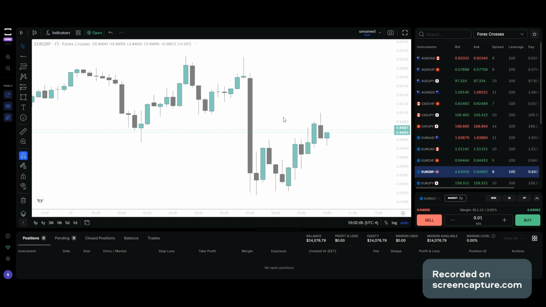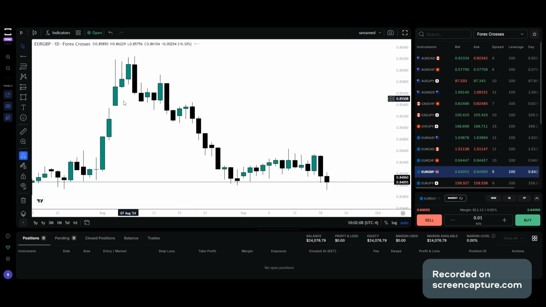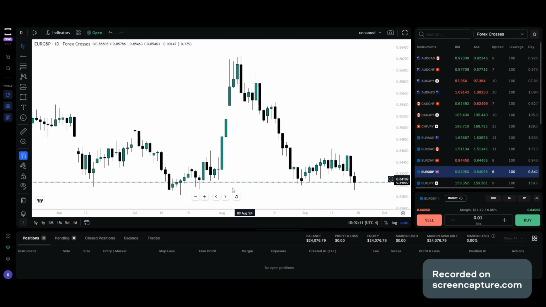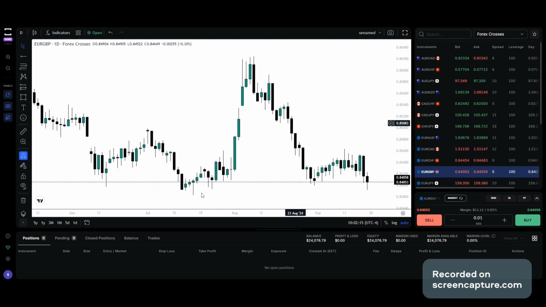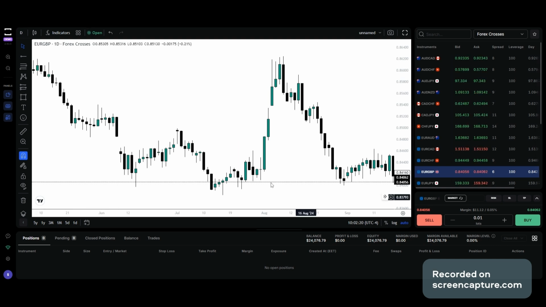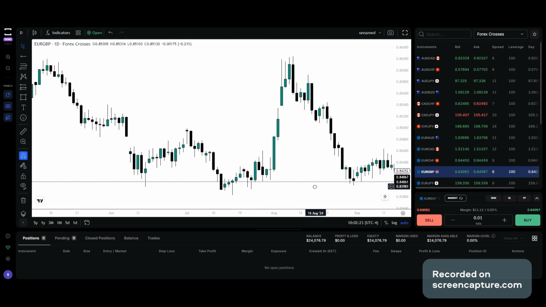We can see there even the 15-minute is showing that 15-minute displacement. And essentially what we're targeting. So this is the daily time frame, but this daily low right here is the draw on liquidity for euro pound.